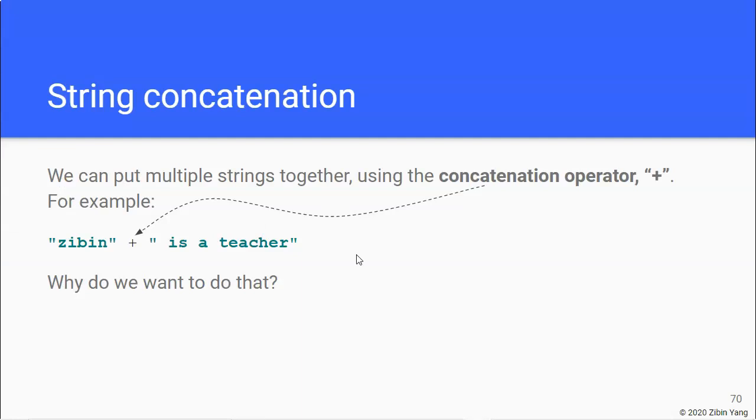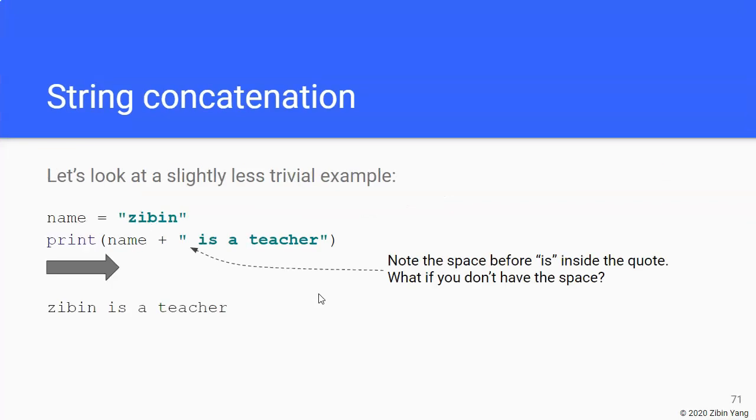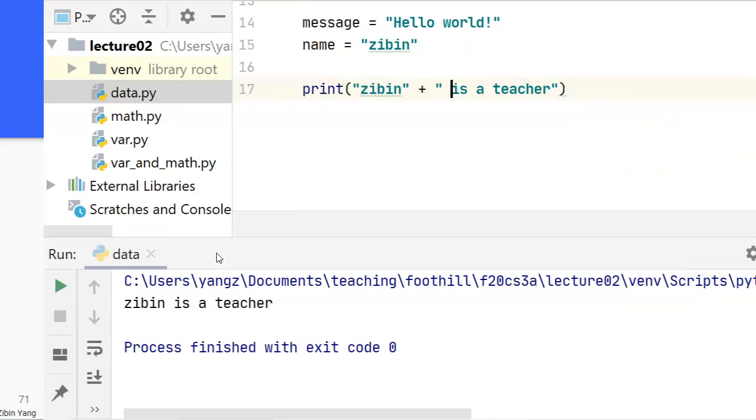Now you might ask the question, okay, well, since this is just going to print out Zibin is a teacher, why do we use string concatenation? Why don't we put everything in a single string? Well, let's look at another example, and in this case we're going to put the name Zibin, the string, in a variable, and we are going to print the name plus is a teacher.